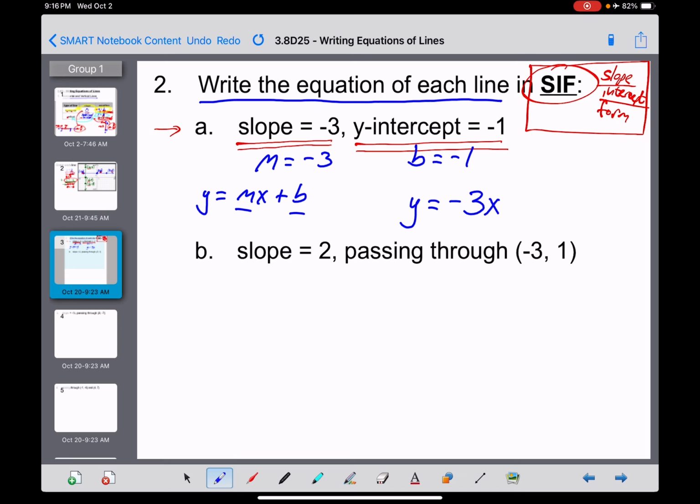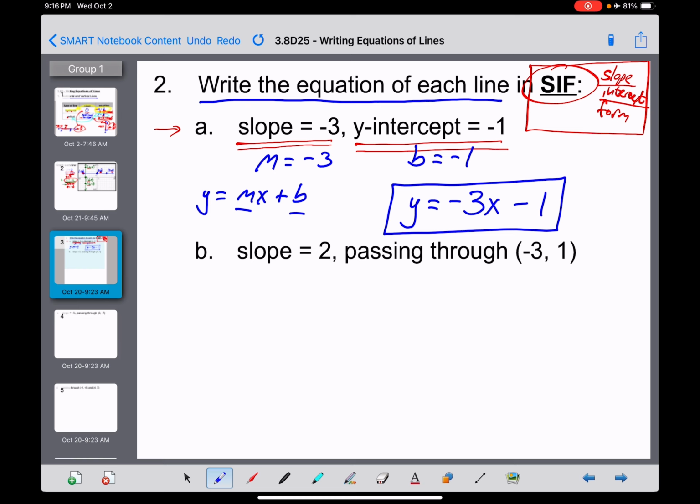And rather than writing plus -1, we're just going to write -1, and that's it. That's a really simple problem, guys, because everything you needed was spoon-fed directly to you. You were given the slope, you were given the y-intercept, and there you go.